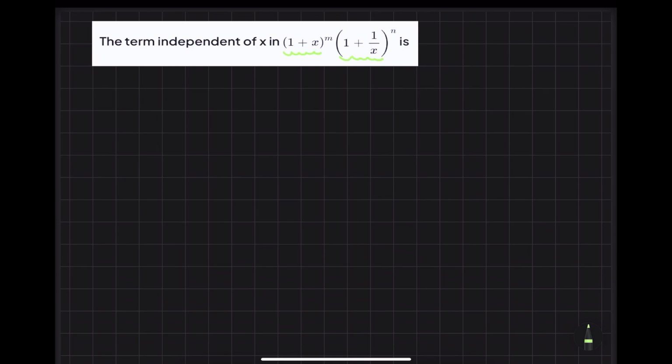If you observe, the first element is (1 plus x) to the power m, and if you observe this thing minutely, you will have (x plus 1 by x) to the power n. Look, this thing is the same, correct?